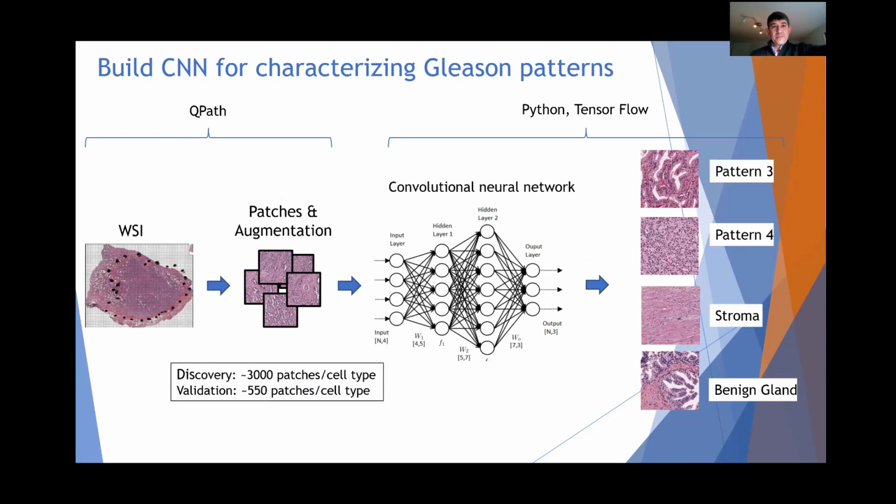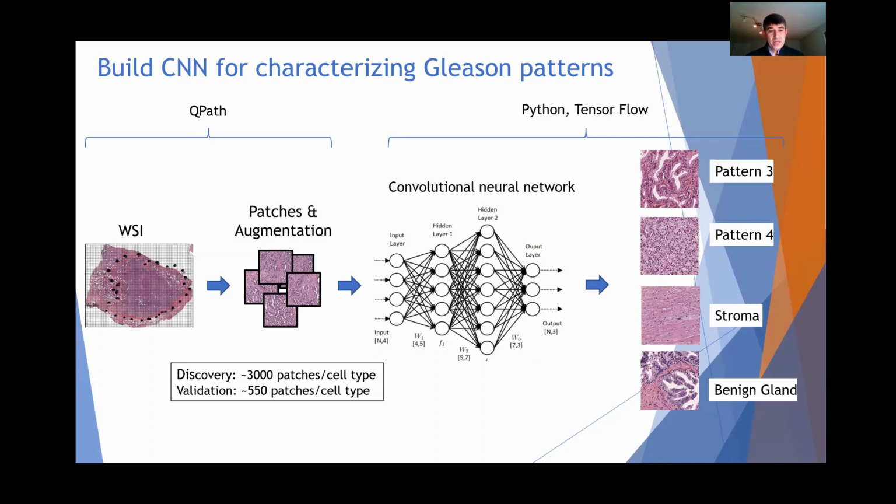So the Gleason pattern CNN model construction really starts with the generation of whole slide images, an image for each tumor, which was then annotated by our uropathologists and broken down into square tiles or patches using the quantitative pathology software called QuPath.